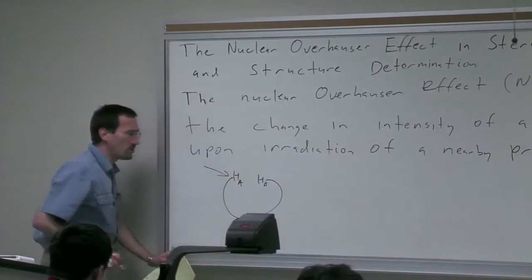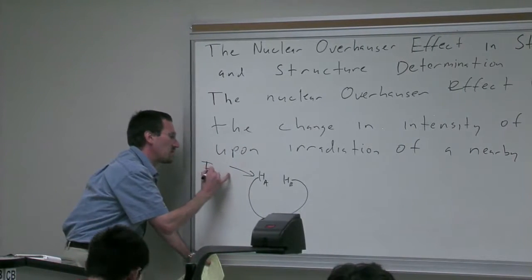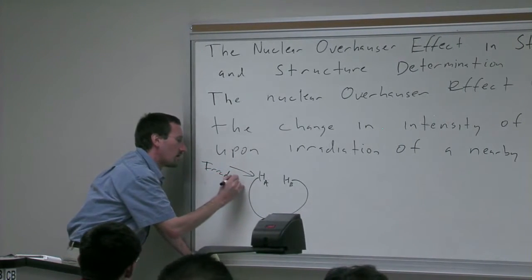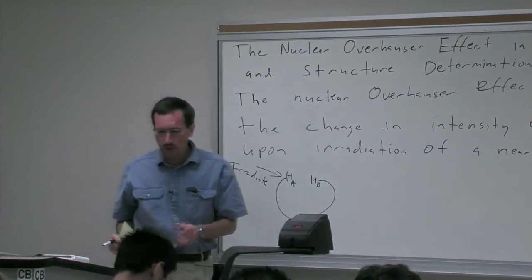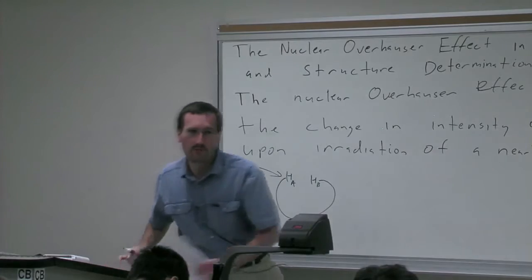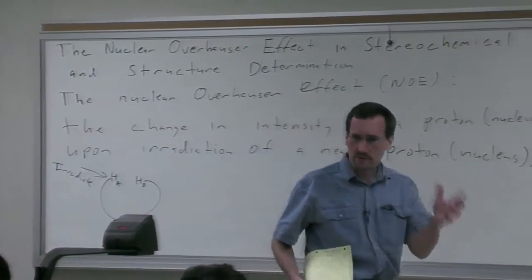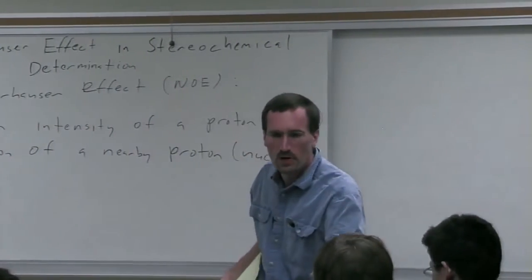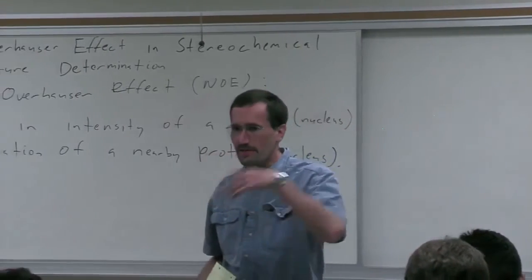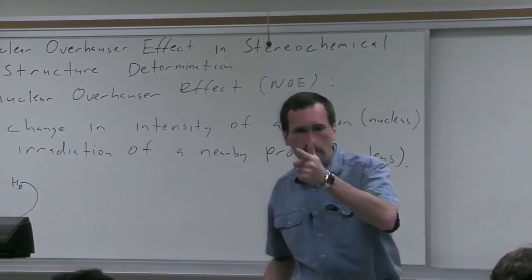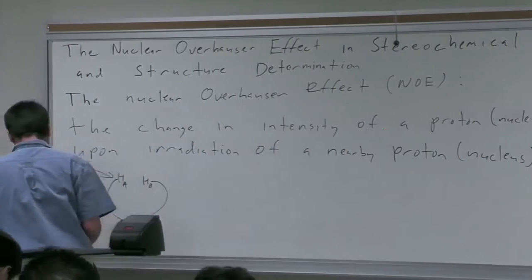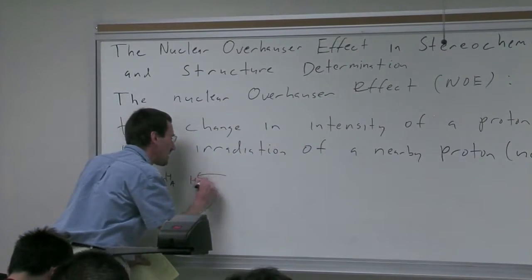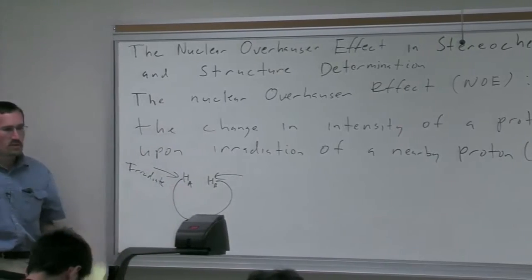And we're going to do something that specifically irradiates one proton. Obviously what you're doing is not a spatial resolution, but rather a frequency resolution. In other words, each proton appears at a different frequency, and so you're going to hit one of these specifically at this frequency. And what that does here is it responds.